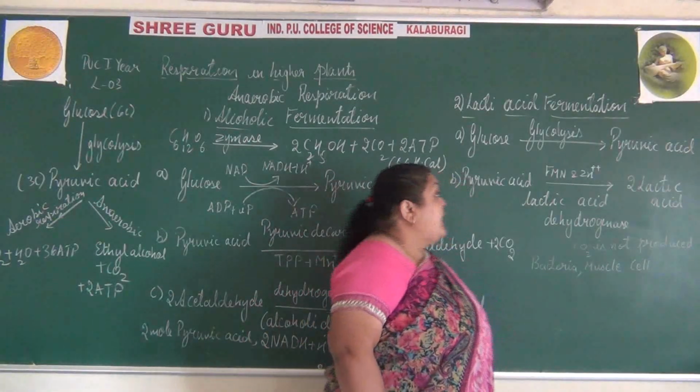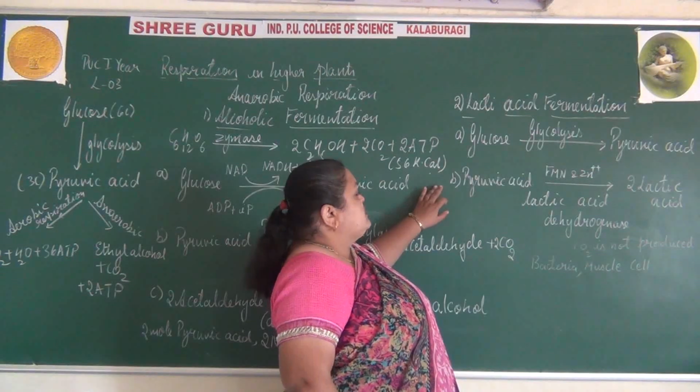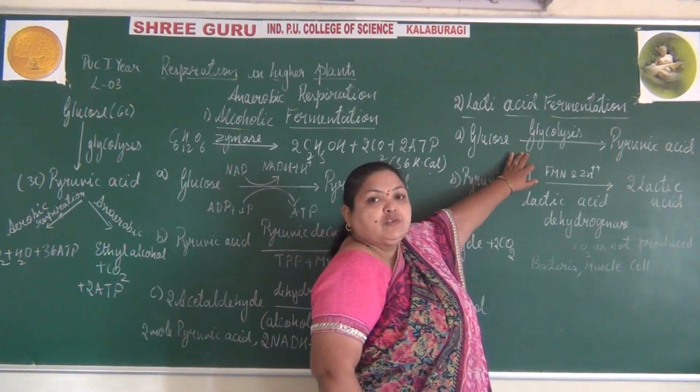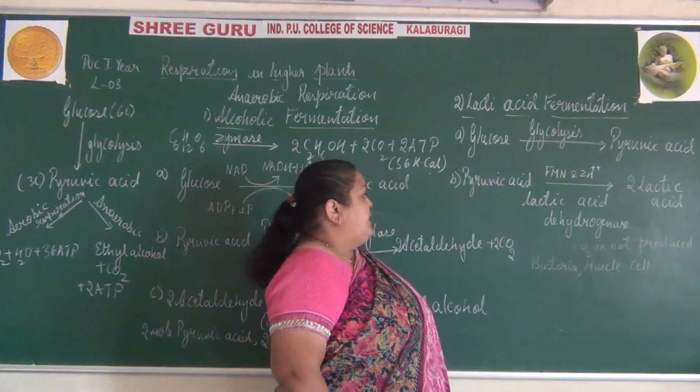So here in lactic acid fermentation, the very first process is again glucose undergoing glycolysis to form pyruvic acid.